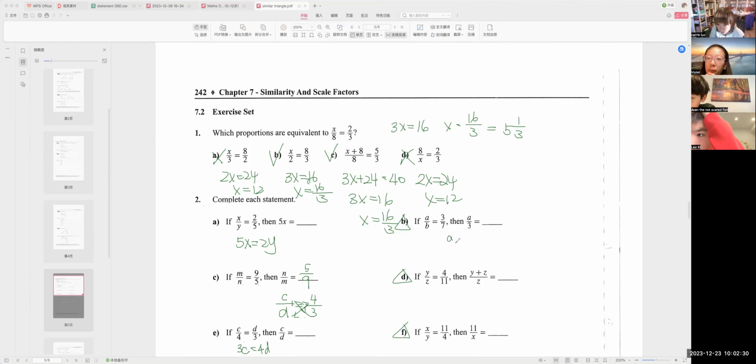So A over B equals 3 over 7. So Violet, it is 3B equals 7A, right? Did you get it? So we want A over 3. So how do we do it? You just switch 3 with B. So A over 3 equals B over 7. Get it?